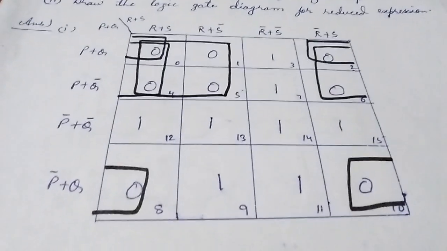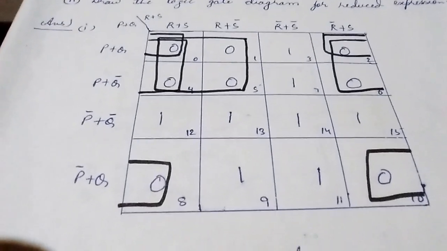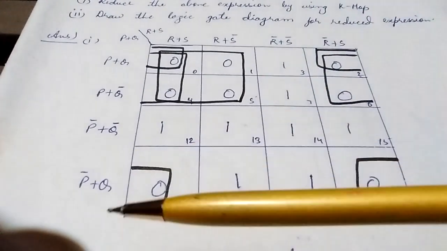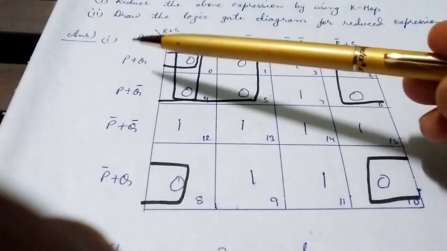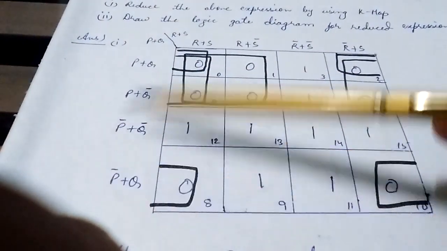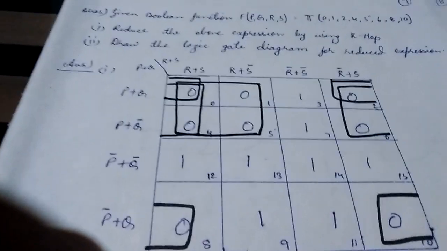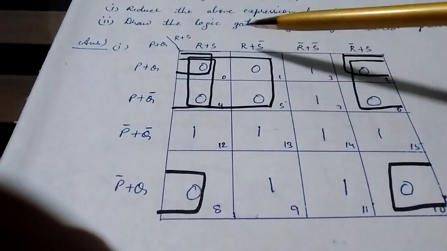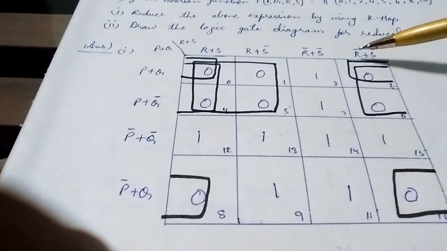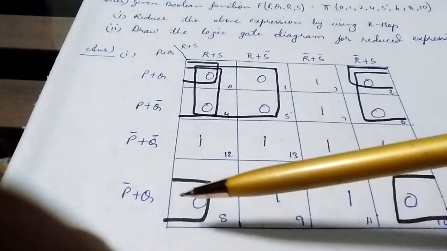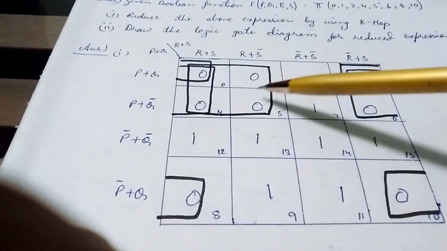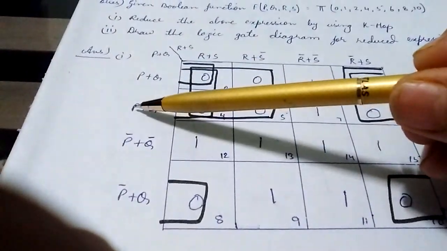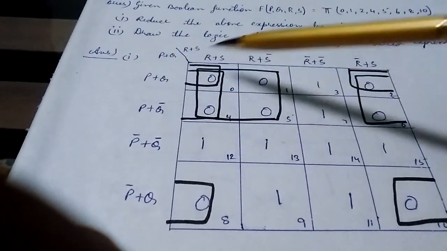Again, back to the Karnaugh map, we can see from the Karnaugh map also whether these derivations we are getting are correct or not. So for the 4 corners we can see 1, 2, 3, 4. We are having P bar will cancel, and from here we will get Q. Similarly, R plus S and R bar plus S, R and R bar will cancel, so we will get Q plus S. For this set of 4, we see P and P is common, Q and Q bar will cancel.